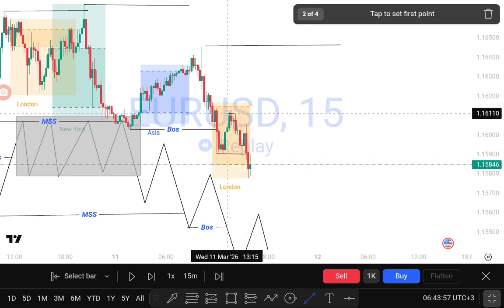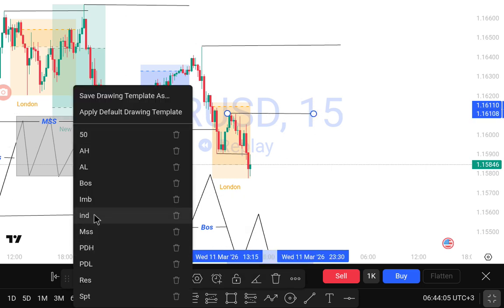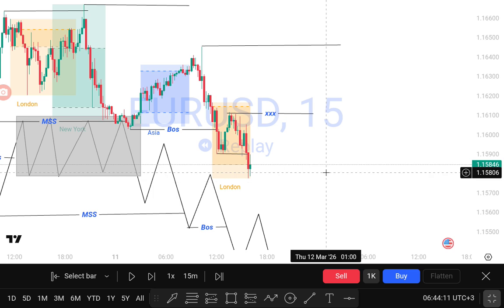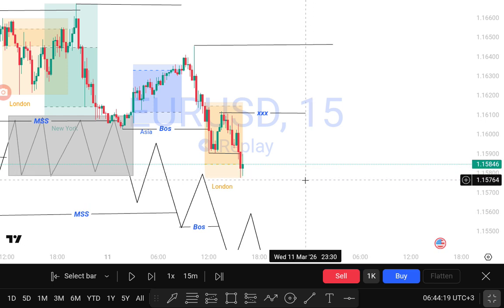So what do we do? This is something we mark as inducement, or something we mark as liquidity. What you need to know is, when price is in a downtrend, the liquidity it corrects. I may use the word liquidity when you don't understand it, but liquidity simply means money, pending orders, stop losses for traders.